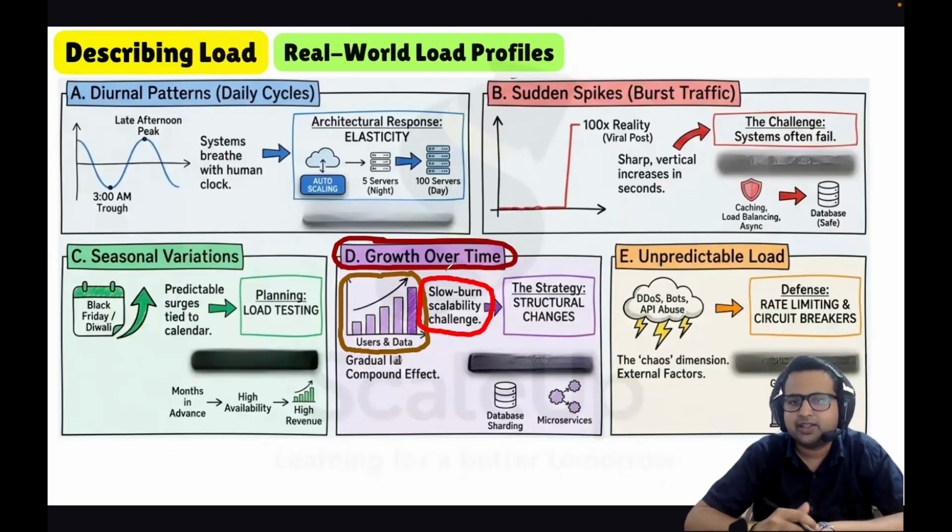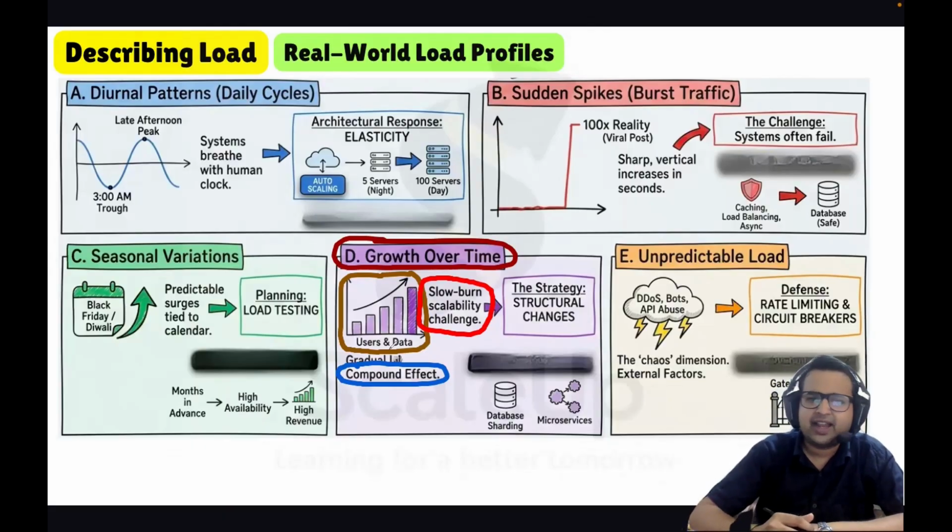Now let us understand what the compound effect means. As your user base grows, so does your data volume. The idea is that as the number of users keeps on increasing, the data will automatically keep on increasing. So what worked for 1000 users will break for 10 lakh users, because database queries will become slower as the indexes grow.